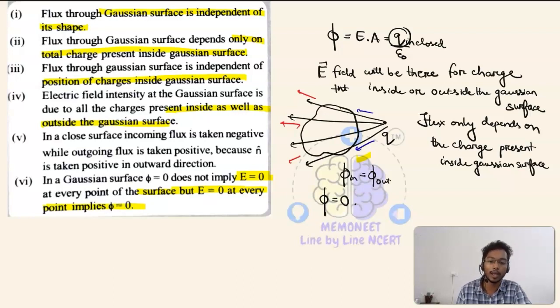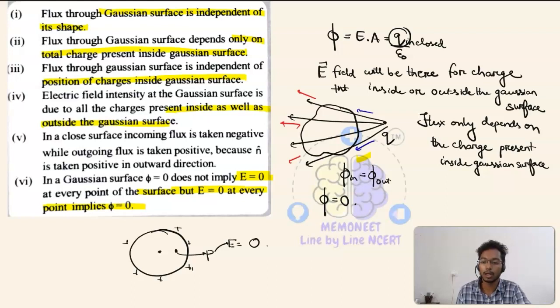Let's say we have a spherical shell, positive, positive, positive, and we have to find the electric field at a point P inside. The electric field will be 0, because within this region there is no charge.